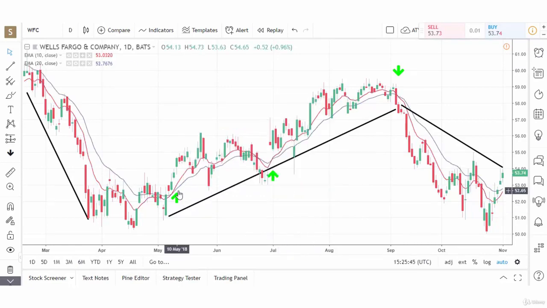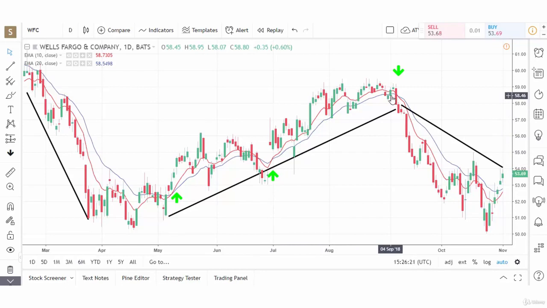Here we see the 10-day crossing the 20-day and giving us our buy and sell signals. Here, where we marked it earlier, we have the 10-day moving above the 20-day after the stock had been in a downtrend. It stays above the 20-day until June. We get a cross to the downside, and then another cross to the upside as the stock is in an uptrend here.